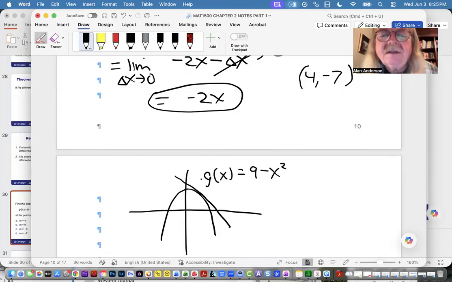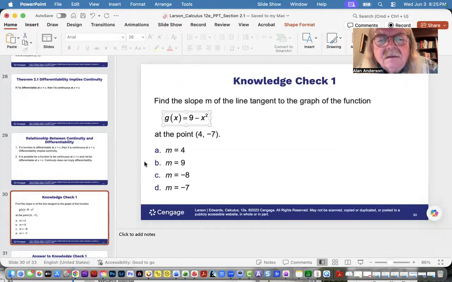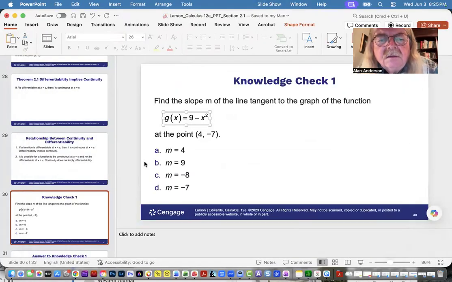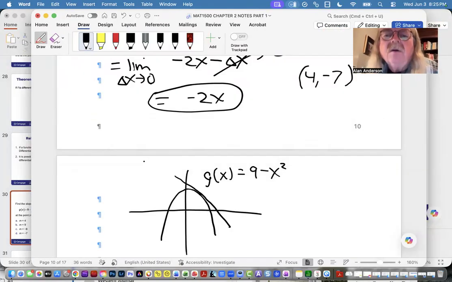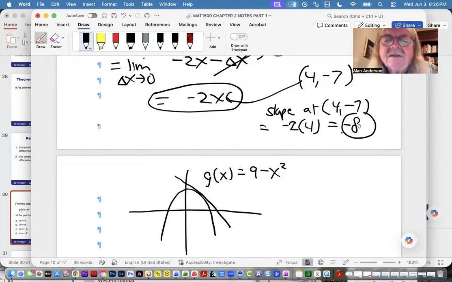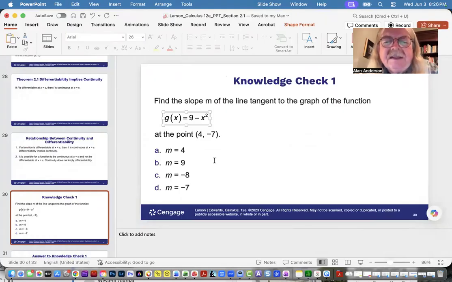Oh, that can't be right because it's negative 7. Hmm. Oh, I see what they want us to do. They just want us to substitute x in here. Negative 8. That's what they're after, and that would be C.